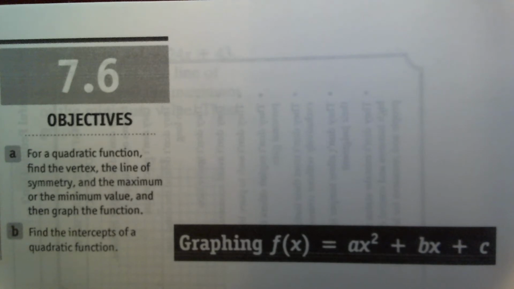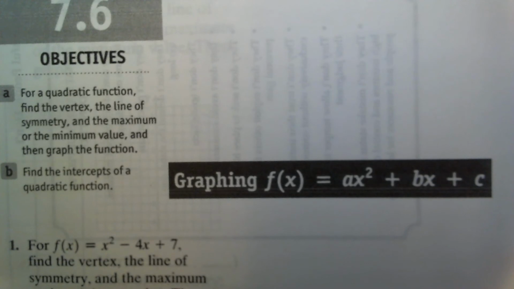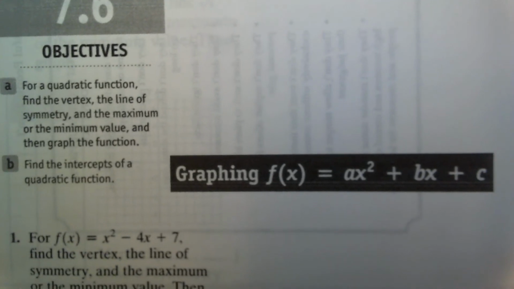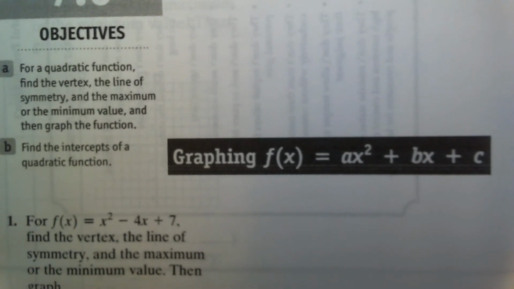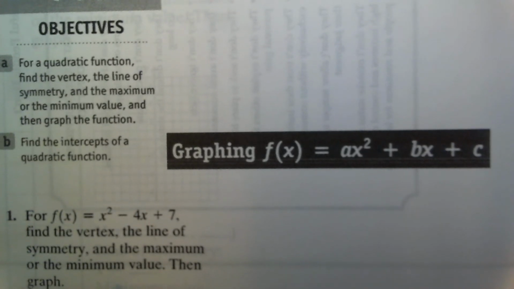So if we have an example here, f of x equals x squared minus 4x plus 7. Here we're supposed to find the vertex, the line of symmetry, and the maximum or the minimum value, and then graph the function.